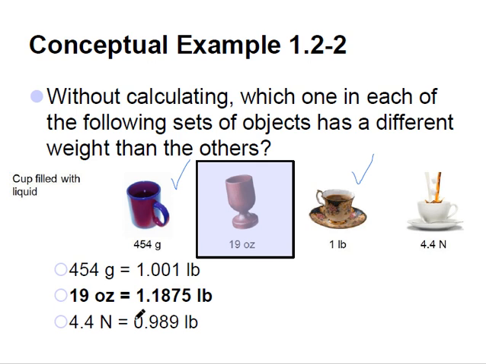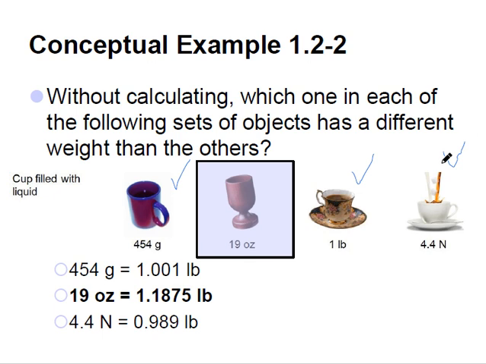Then we've got another one, 4.4 Newton, and you have no idea how heavy a Newton is, right? But the given information gives you the equivalent in pounds, about 0.989. Think about this, rounded it is about 1 pound again, which is about the same as this one.